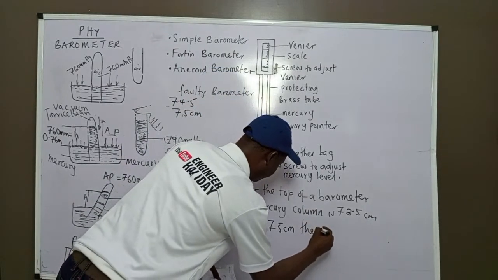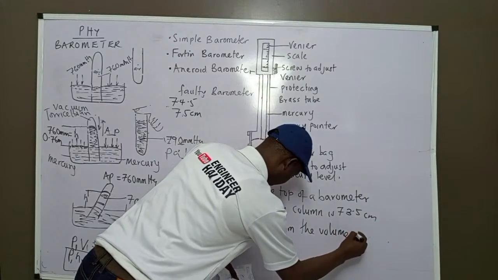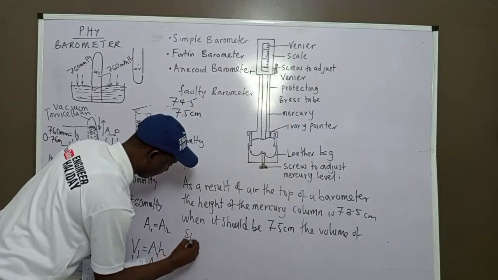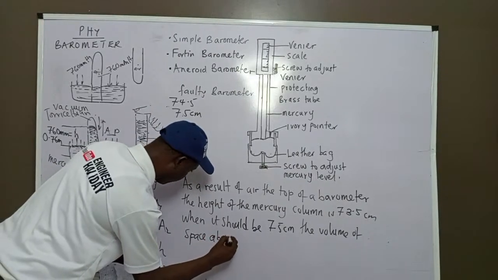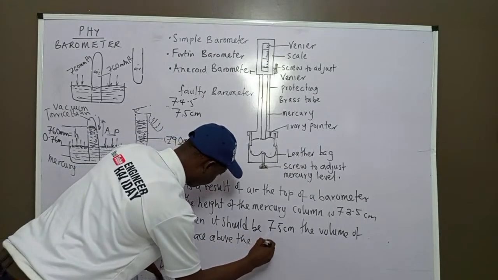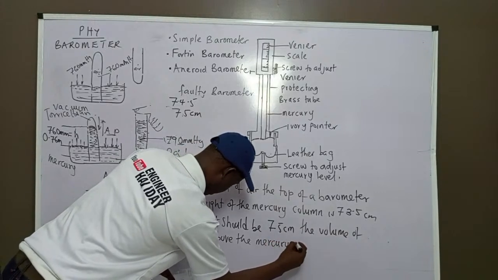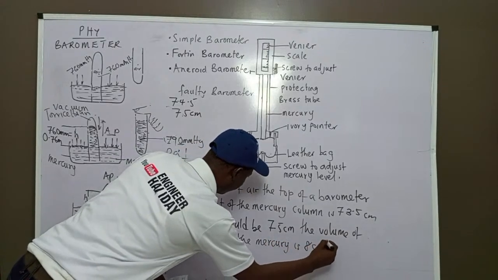Then the volume of the space above the mercury is 8 centimeter cube.